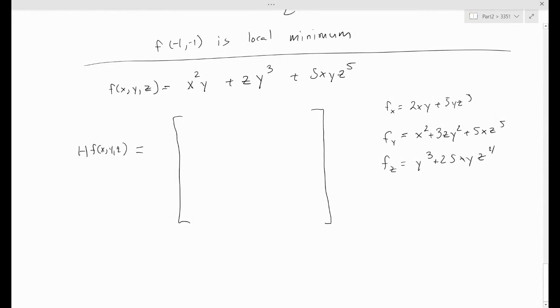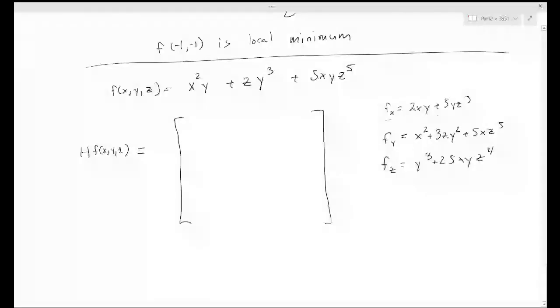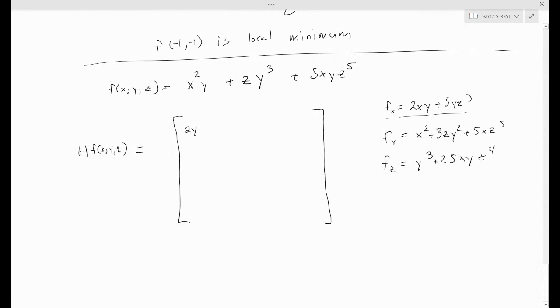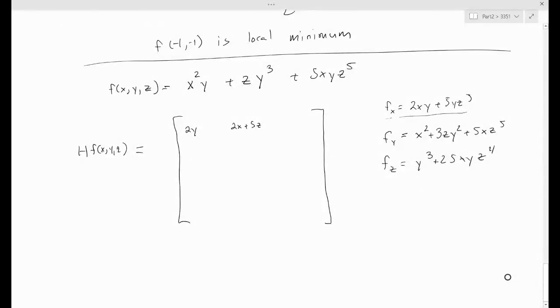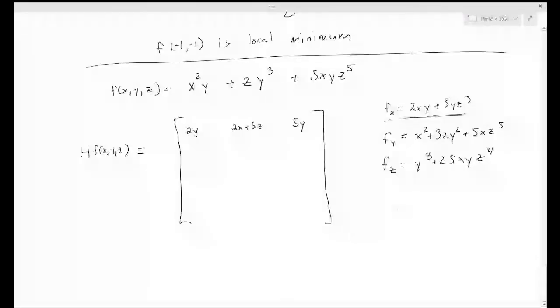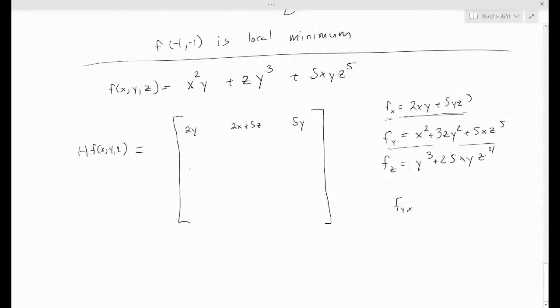So I guess fxx, differentiate this with respect to x. Then fxy, so differentiate that with respect to y. And fxz, so differentiate that with respect to z. Then fyx, differentiate that with respect to x.